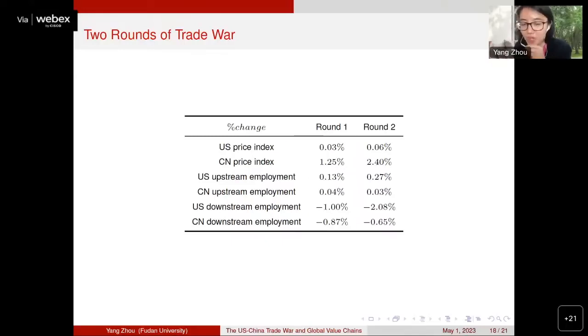So the downstream industry happens to be the one hurting the most, because it bears the border-crossing costs of intermediate goods multiple times. This is the intuition of why we should particularly protect the downstream employers, because they bear all the trade costs along the global value chain before them.